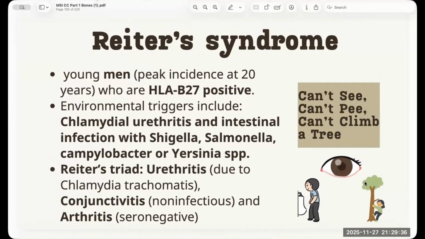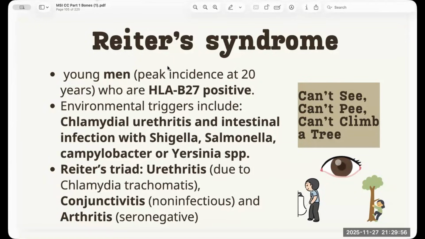Another disease of the spondyloarthropathies is Reiter syndrome. Reiter syndrome is super high yield for even USMLEs and so on. So again, it's young men, 20 years, who are HLA-B27 positive. We're memorizing it now.